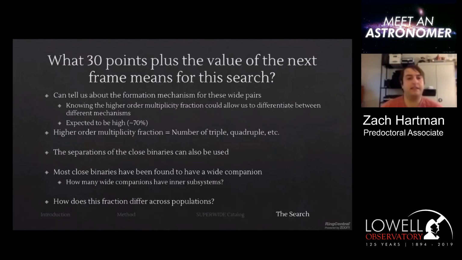How many of these have close binaries? How many of these have inner subsystems, so that they're triples or quadruples? And another question we're probing is, how does this fraction differ across populations? How does this fraction differ between really, really old stars and relatively young ones? So that's something else we're looking into.